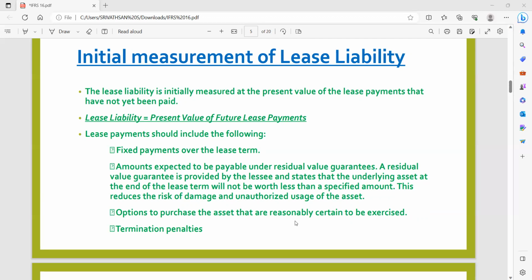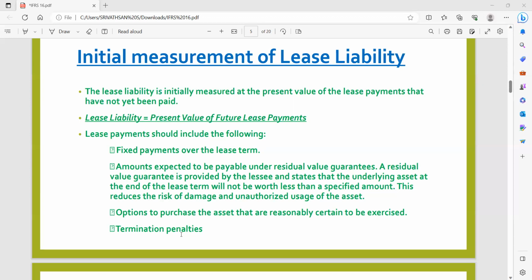He's telling you that, see, if you want, you can purchase the asset at the end of the lease term, and you are also certain that, yes, I will exercise this option. As a lessee, I'm going to purchase the asset from the lessor. So in that case, the exercise price should be a part of this lease payment. This exercise price is nothing but the price that you have to pay to the lessor to purchase the asset.